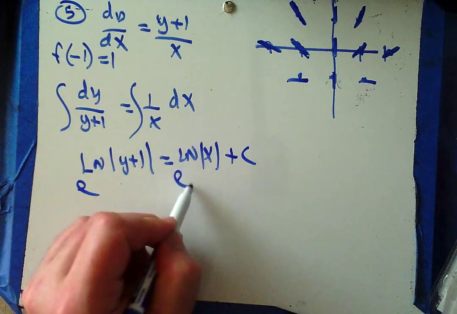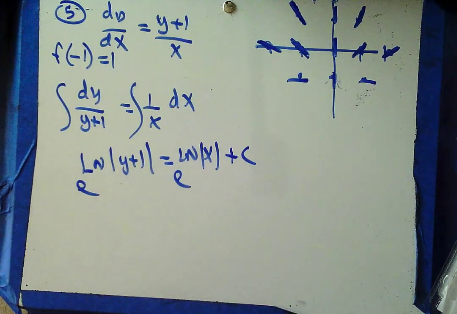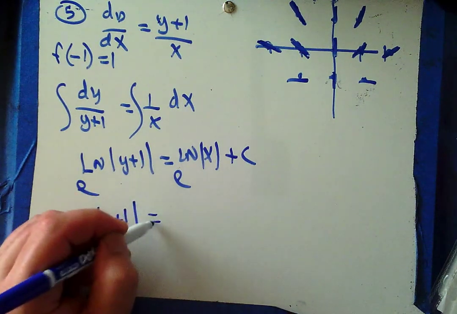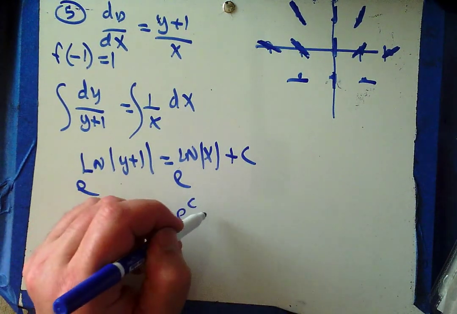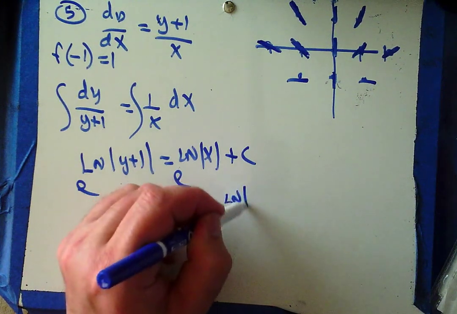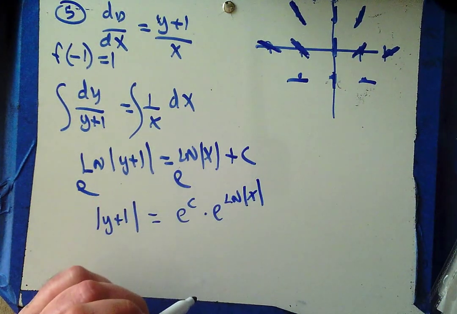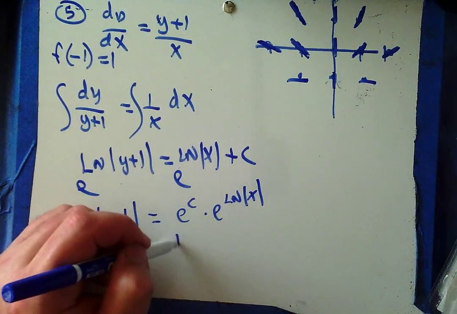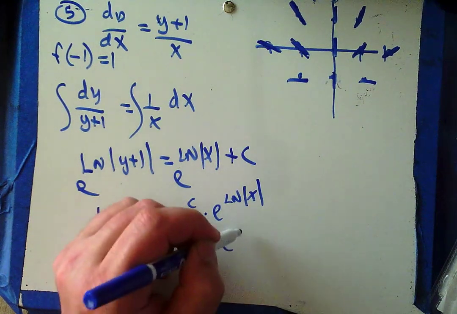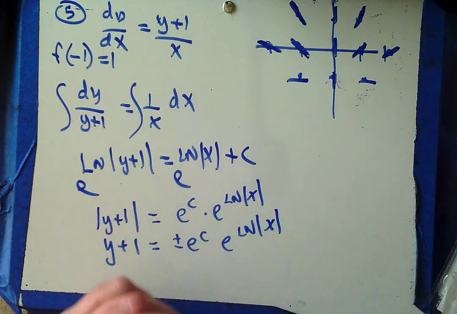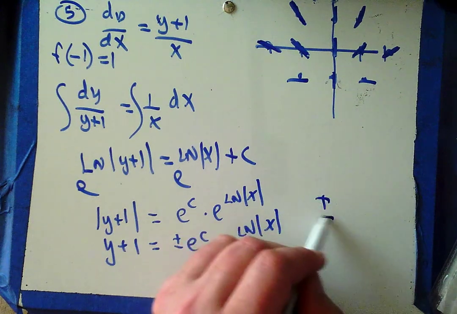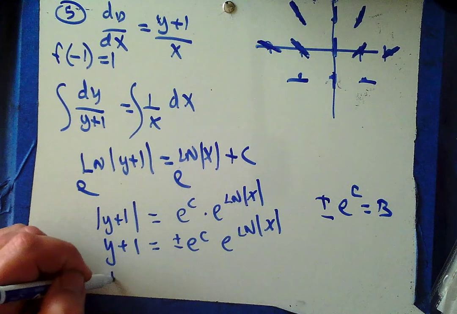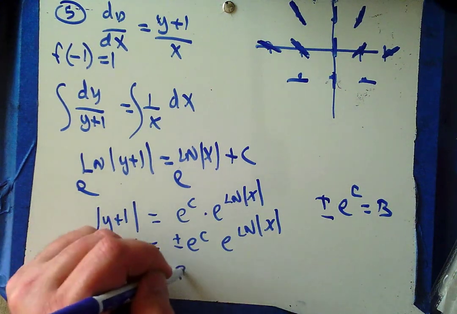We exponentiate, and we get y plus 1 equals e to the c times e to the ln of absolute x. So I've got y plus 1 equals plus and minus e to the c, e to the ln of absolute x. Let's say that plus and minus e to the c equals b.